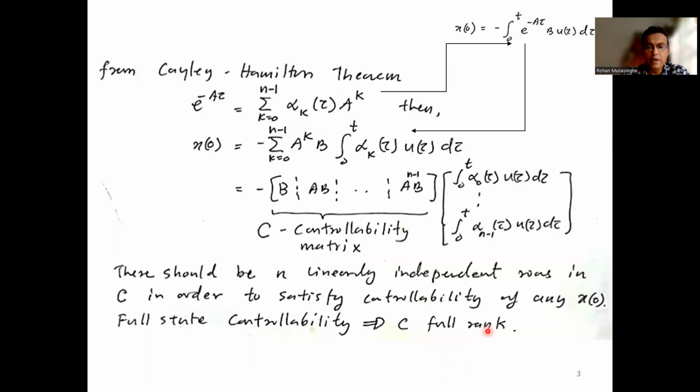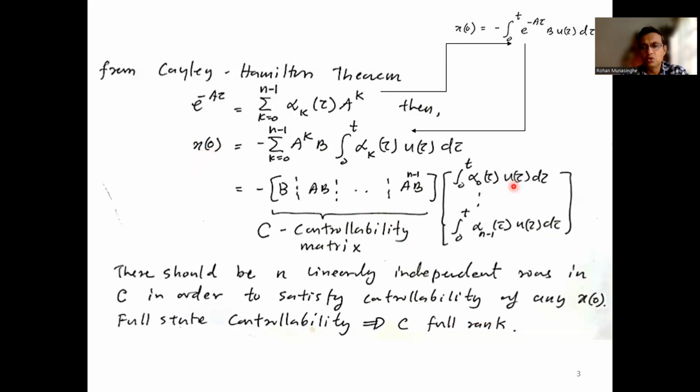So if the C matrix is full rank, the system is controllable, which means there is a unique solution for the control signals, starting from any arbitrary x0, to bring that to 0 in finite time.